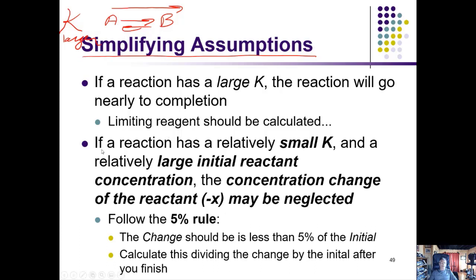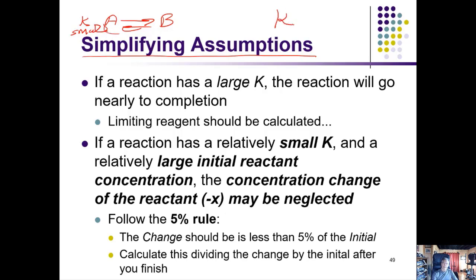So what about if I have a reaction that has a relatively small K? Let's change this. Let's say that I've got a really small K. Now, remember how we calculate K?